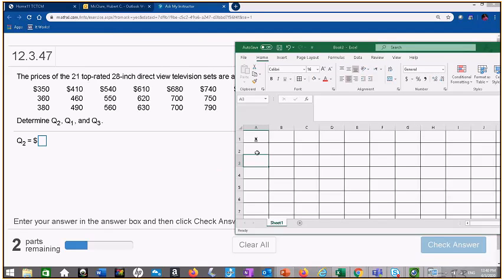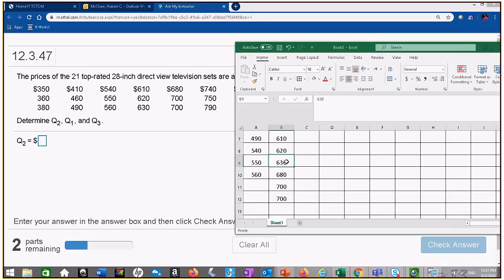So I'm going to use the spreadsheet, and that's 350, 360, 380, 410, 460. I won't give you as many as this on a test. I hope I don't. 440, 550, 560, 610, 620, 630, 680, 700, 700.